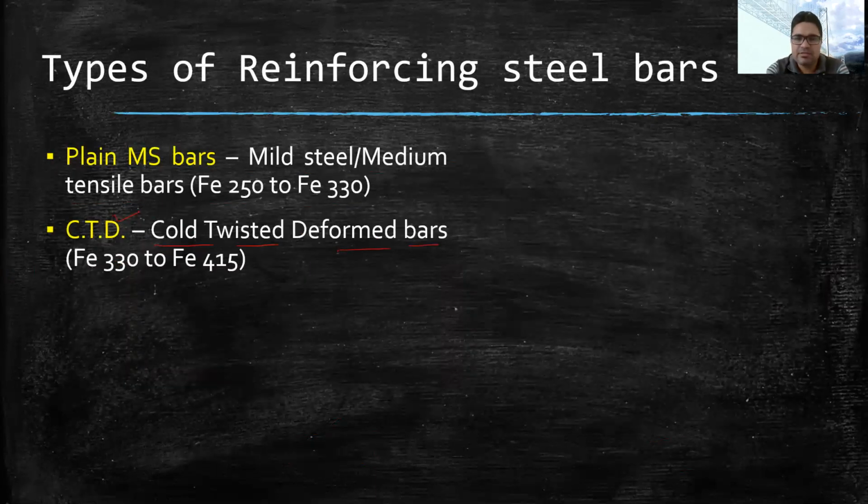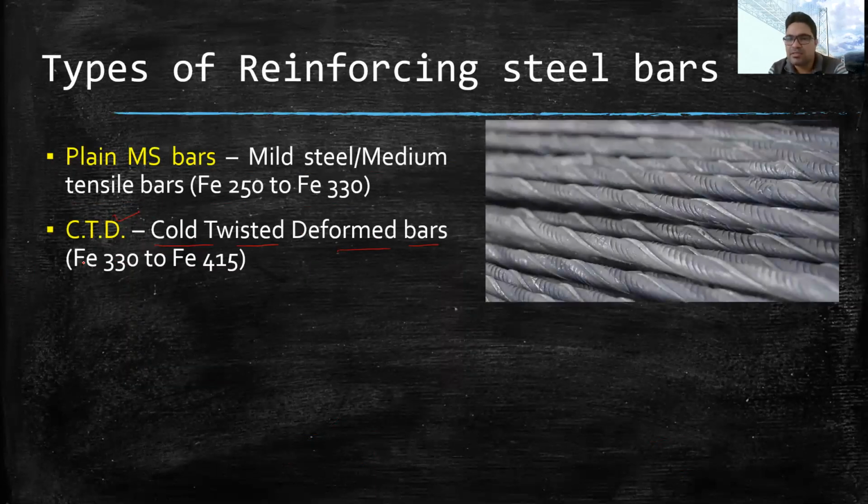I will show you that it looks like this. These bars have proper ribs, and they are twisted. The same line you can see is twisted like this. That is why this bar is called cold twisted deformed bar.